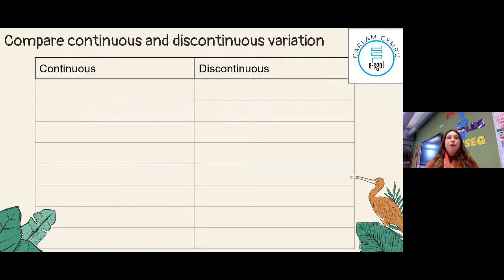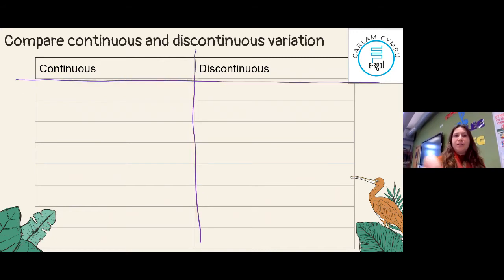Thinking about everything we've gone through already, I want you now to compare continuous and discontinuous variation. In an exam, if they ask you to compare or distinguish between something, you are allowed to split your lines into 2 and put continuous and discontinuous. What you need to make sure that you do is you comment on the same thing on both sides of the table.